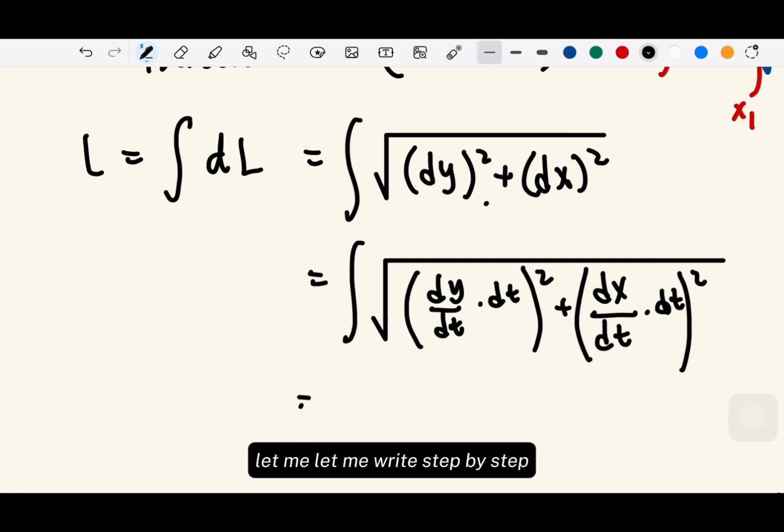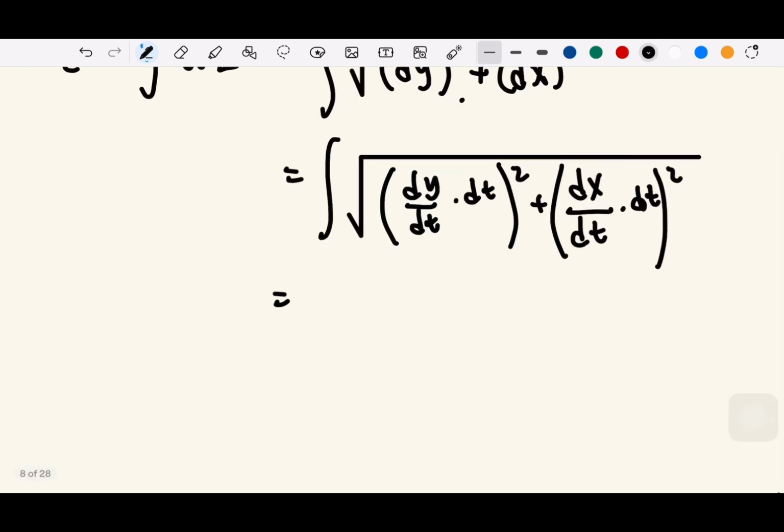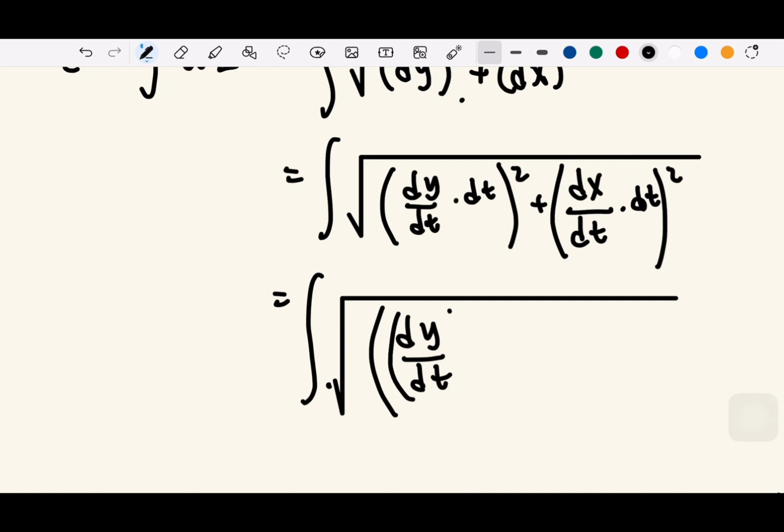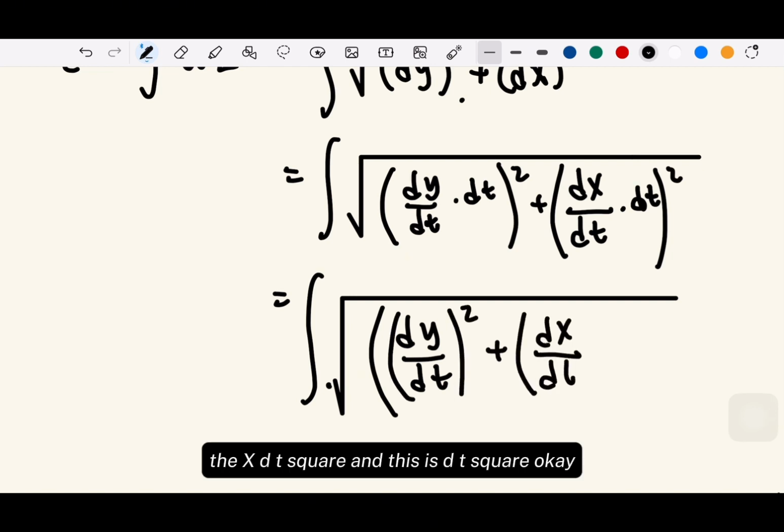Let me write step by step. Okay, so we could have (dy/dt) squared plus (dx/dt) squared, and this is dt squared.